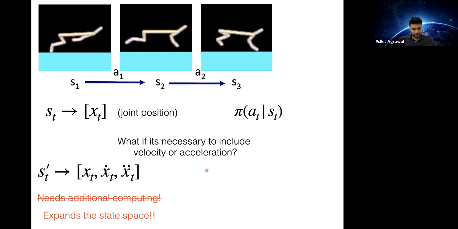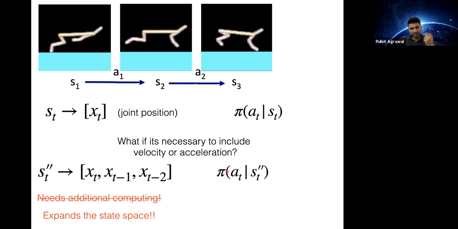The other possibility is just to redefine the state space to include all these three things and call it S_t prime. The reason I'm going over all of these is just to say that a lot of this is just a modeling choice in how you are modeling it. For example, if you make S_t double prime, which has x_{t-1} and x_{t-2}, now you can just concatenate it and, for example, feed it into your deep network and just call it one state.